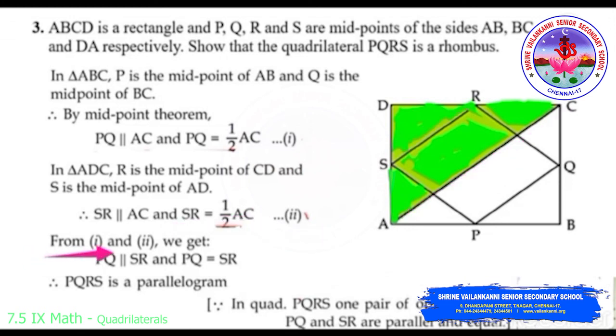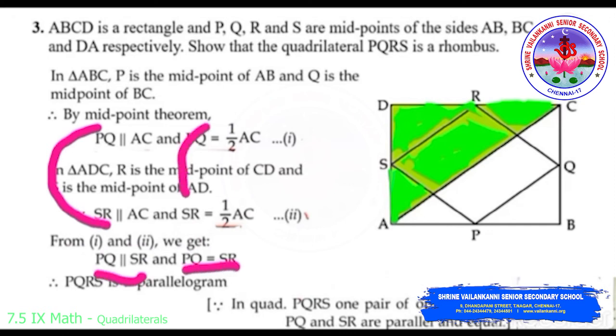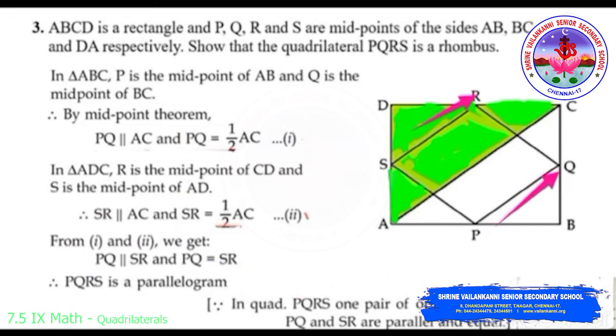Now comparing 1 and 2, we get PQ and SR are parallel to each other and PQ is equal to SR. Thus, in a quadrilateral, one pair of opposite sides are parallel and equal. So PQRS is a parallelogram.